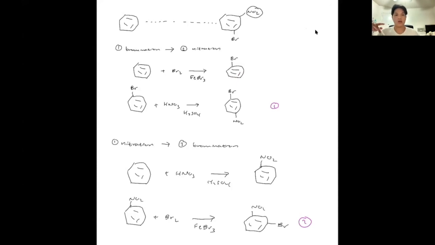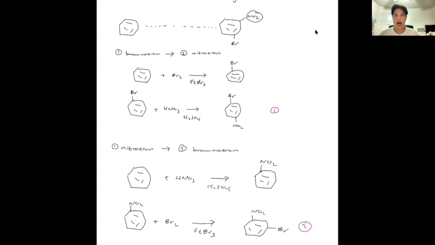So the first reaction, we wanted to synthesize that molecule up top from a benzene ring. So first, let's say we did the bromination and then nitration, so we added the bromine first and then the nitro group. If we did that, the bromine is now at the top.